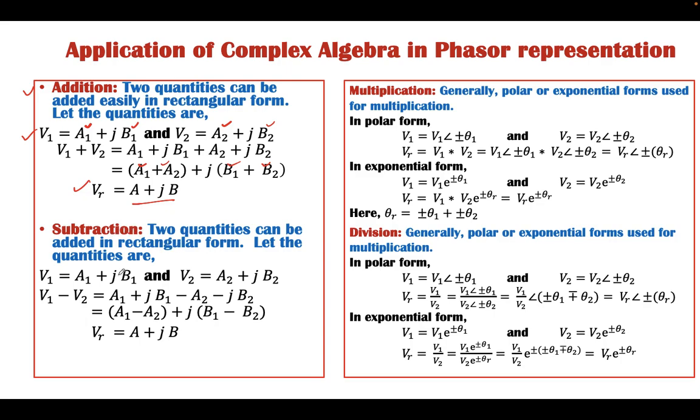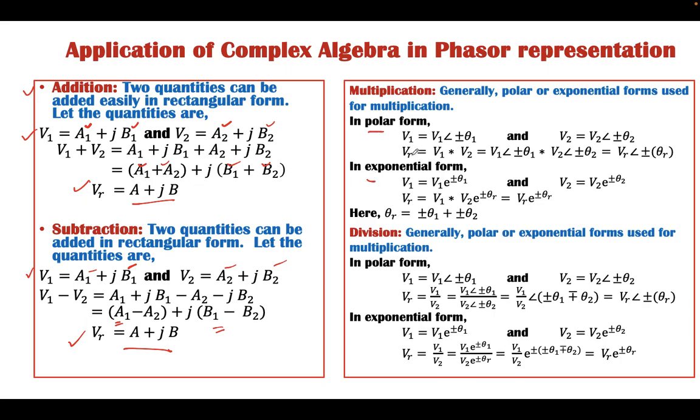Similarly, if we want to subtract two quantities, knowing the real and imaginary components of one quantity and similarly for the other, subtracting real with real and imaginary with imaginary, we can find out the resultant quantity.